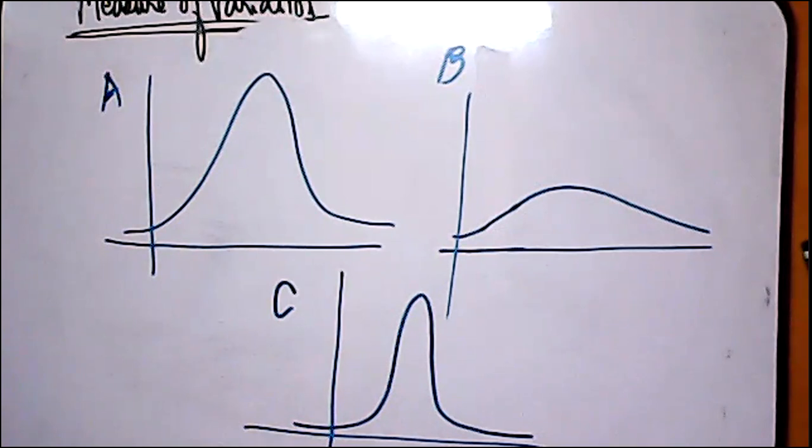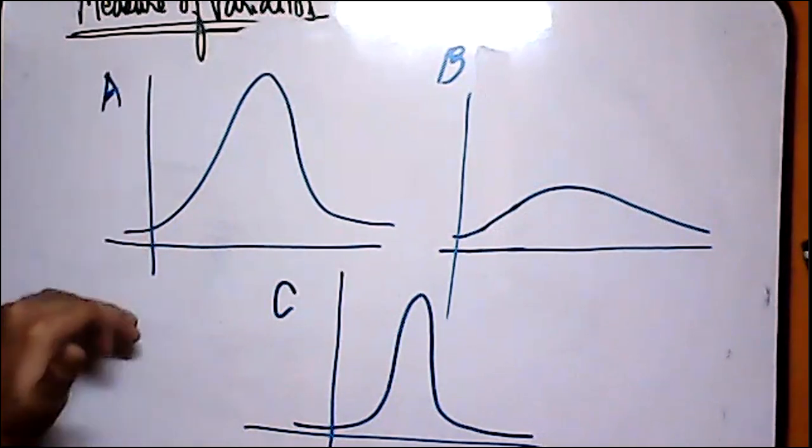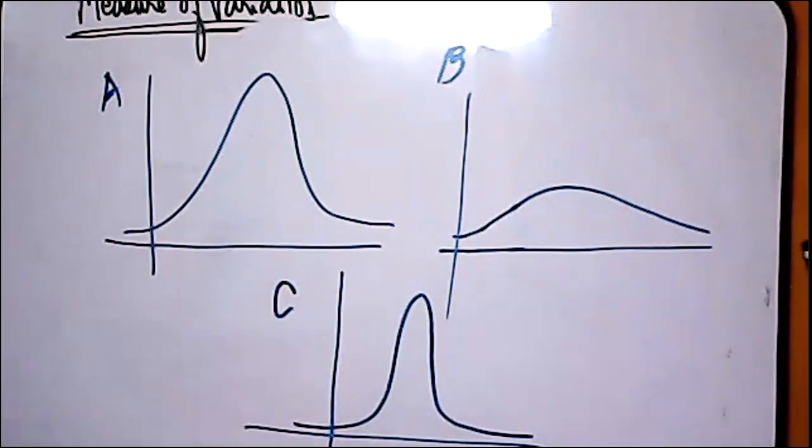This is the frequency of scores, and the x-axis is the scores themselves. Now, question. In which of the three graphs are the scores farthest from the mean? Is it A, B, or C?